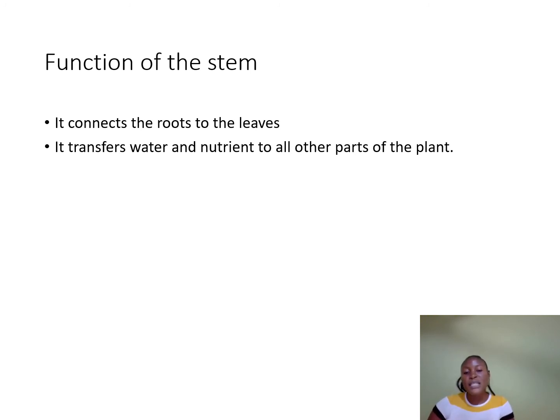So when it receives water, nutrients, and carbon dioxide from the soil through the roots, it then transfers all these nutrients, water and carbon dioxide to all parts of the plant, which are the other branches and the leaves. Good, so now you know the stem and the function of it. Good, now let's move on.